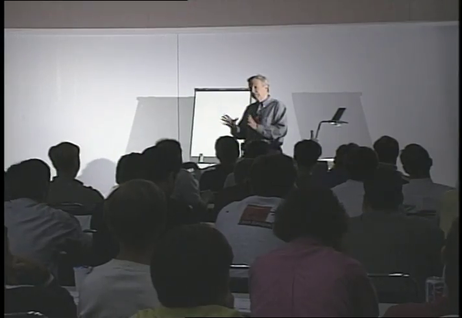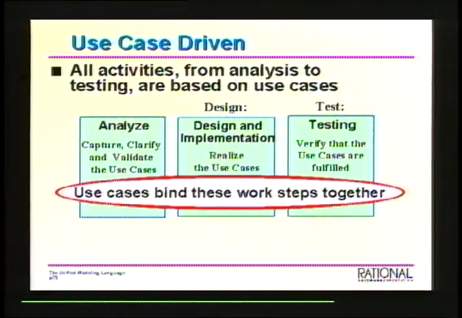So now I'll talk about the use case driven part of it, and then I'll integrate that with the other aspects. Every iteration, when you do design, will pass through 3 process steps: analyze, design and implement, and test.